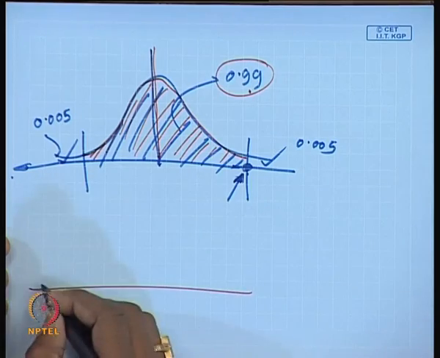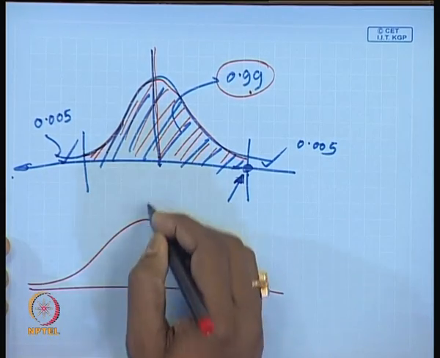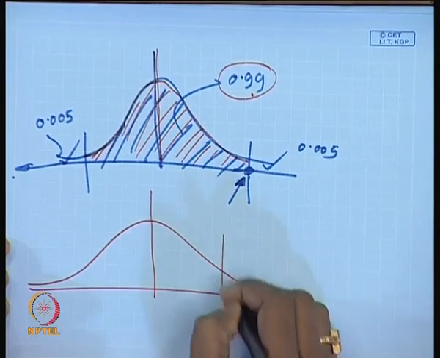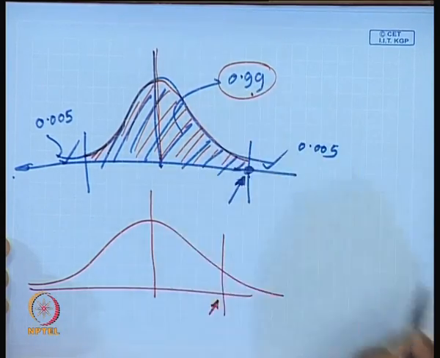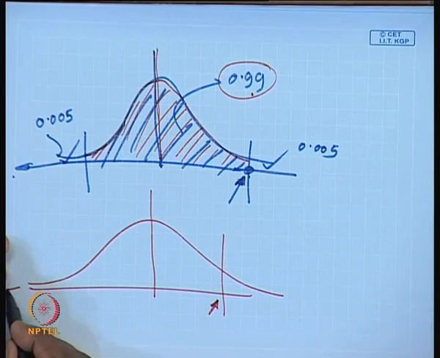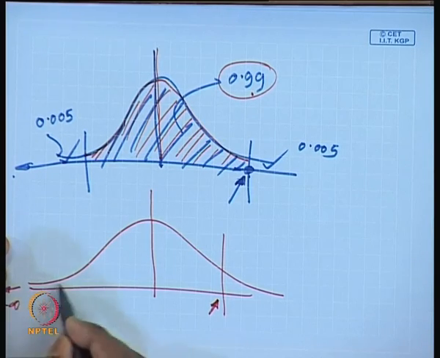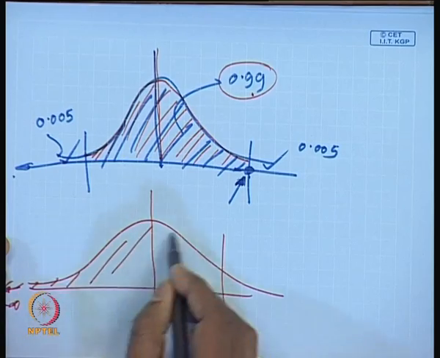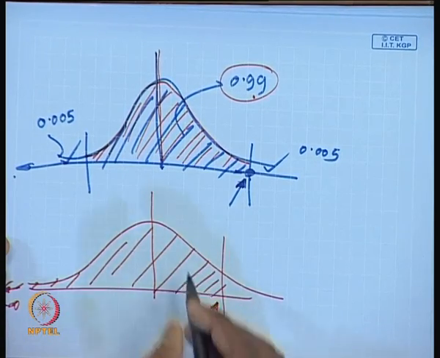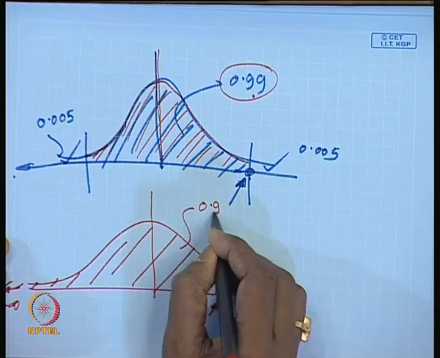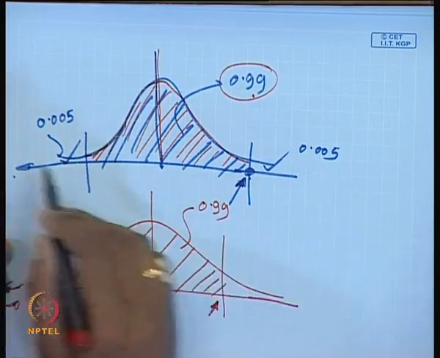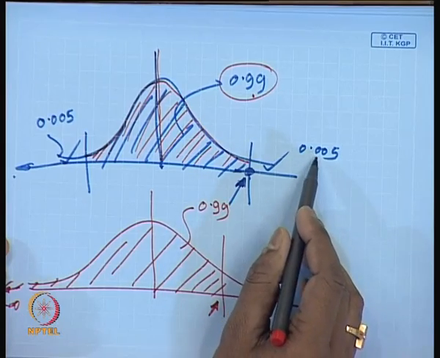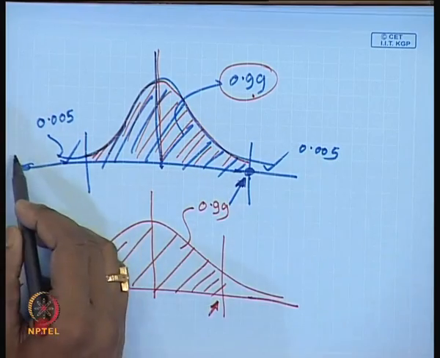The same thing we have to present here: I need to know that point if I use the same confidence level, from minus infinity. From this minus infinity, this is my confidence zone where it is 0.99. Now, this area in the earlier case was divided on both sides, so it is 0.005 here and 0.005 here.